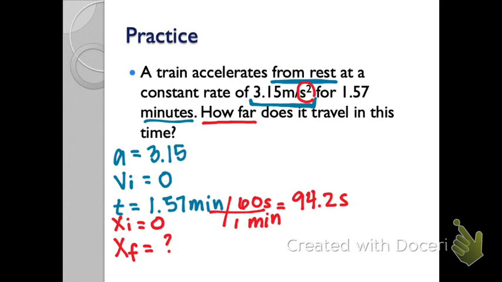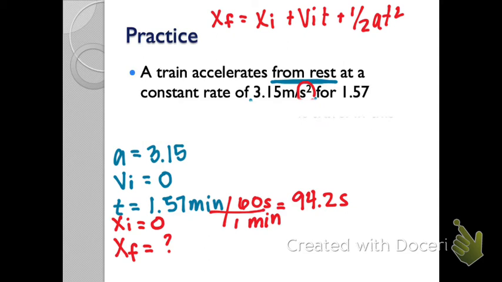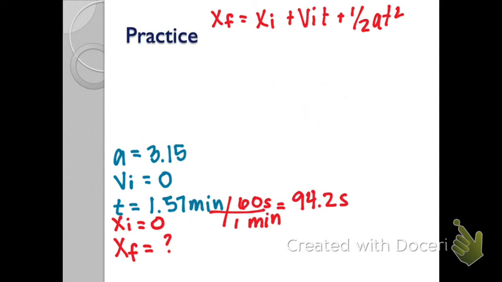I just want to know what's happening now. Our equation, right? My equation is X final equals X initial plus VI times T plus 1/2 AT squared. But we're going to be able to simplify this equation quite a bit. If I start plugging in variables here, I'm going to give myself a little more room. My X final is what I'm solving for, so I'm going to keep that listed as X final.